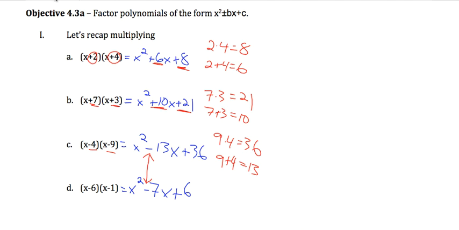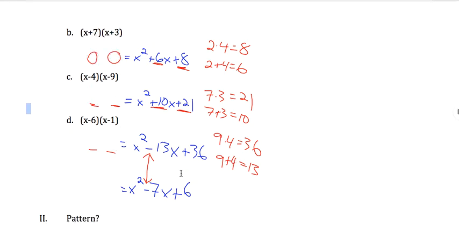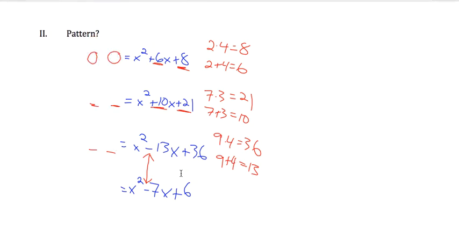So the pattern that I'd like you to write down here is that if we were working our way from something that looked like this, with either a plus or a minus sign in the middle and a plus at the end, if you want to figure out what it factors to, you should be looking for 2 numbers that multiply to the last number.